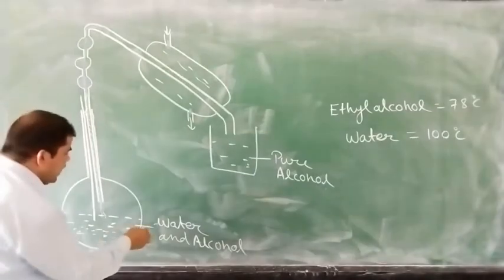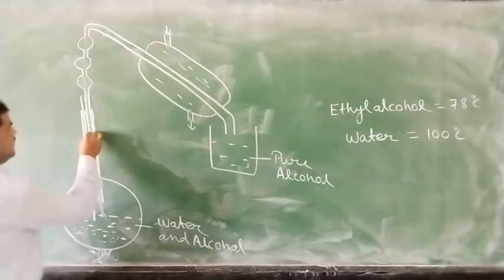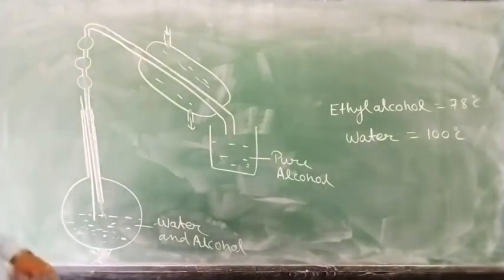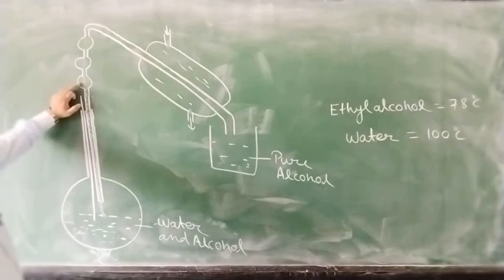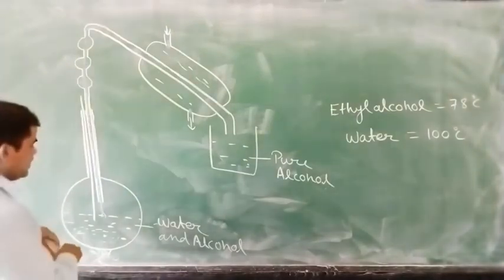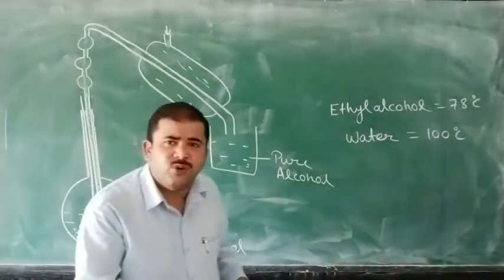In this way all the alcohol molecules will change into vapor form, and these will pass through the fractionating column. And what is the use of the fractionating column here? In this column, sometimes the alcohol molecules are associated with other impurities.